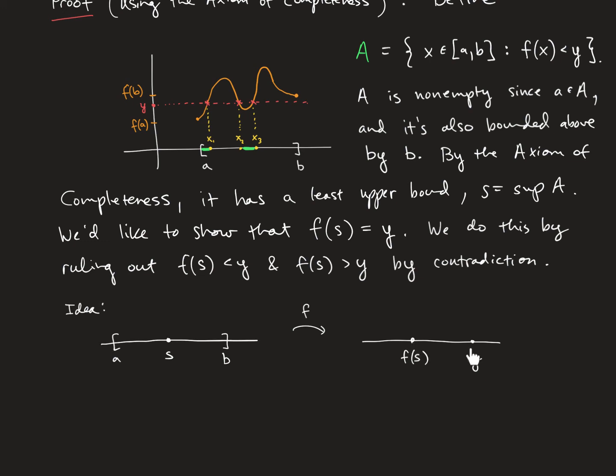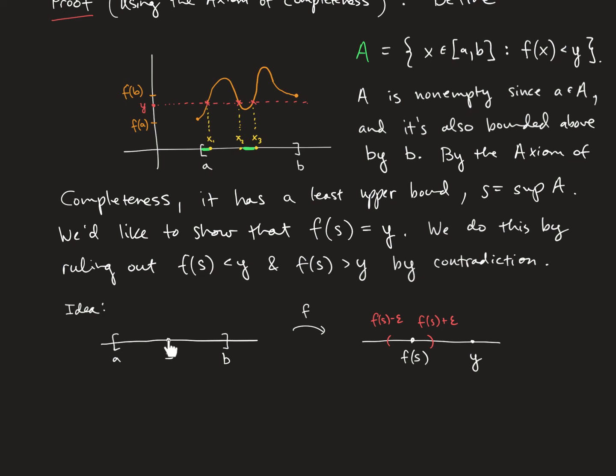If f of s is less than y, here's where the continuity of f comes in. We can put a little epsilon ball here, with f of s plus epsilon and f of s minus epsilon.